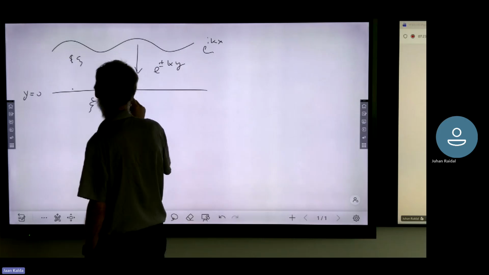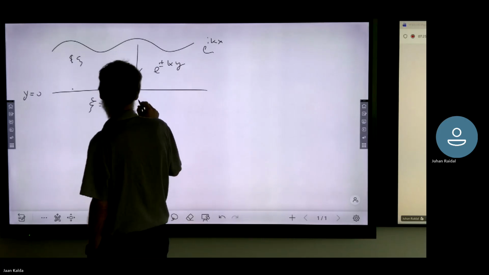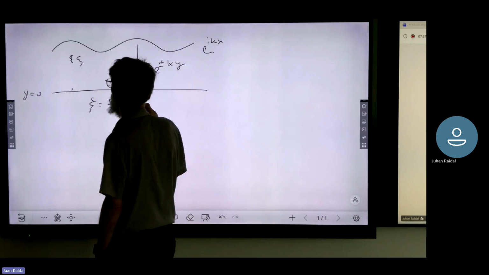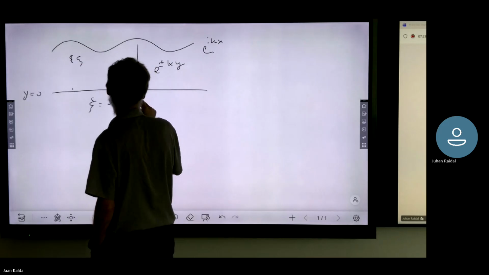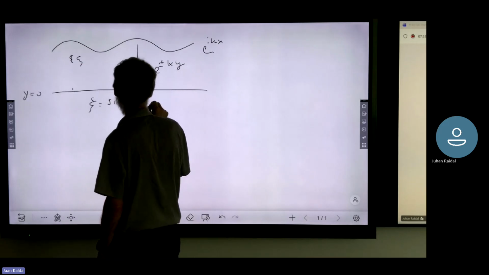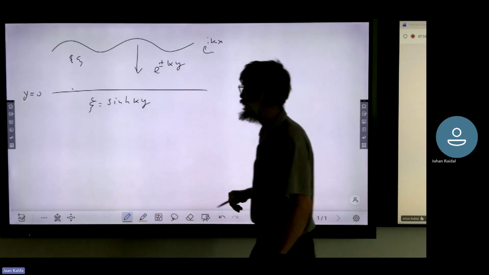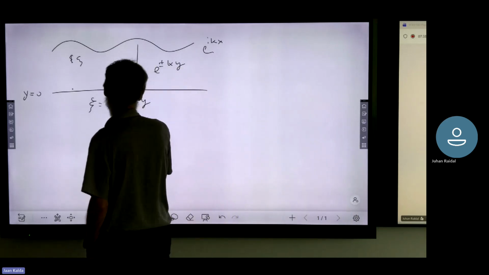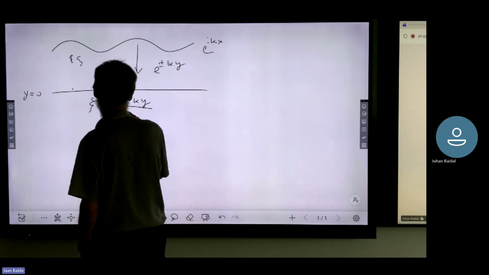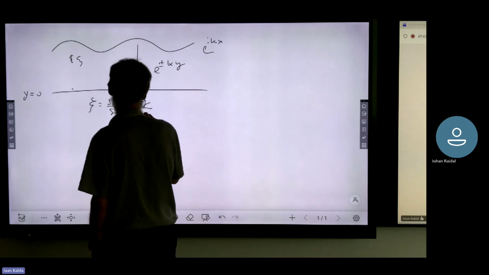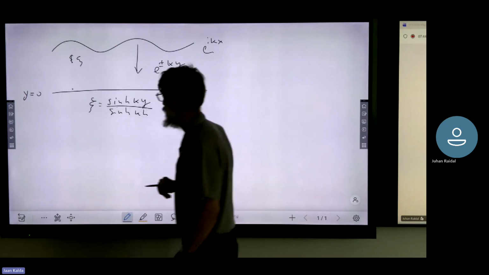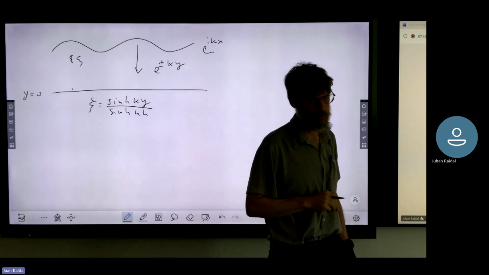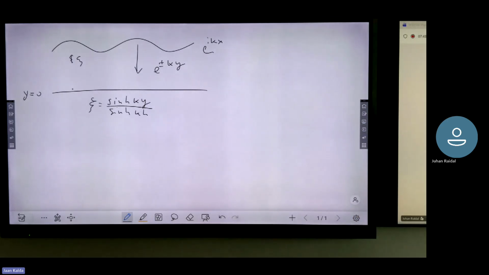Hyperbolic sinus of k times y, but then it needs to be normalized at the surface, so we divide it by hyperbolic sinus of k times h, something like that.